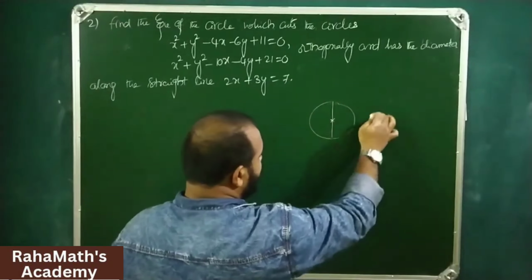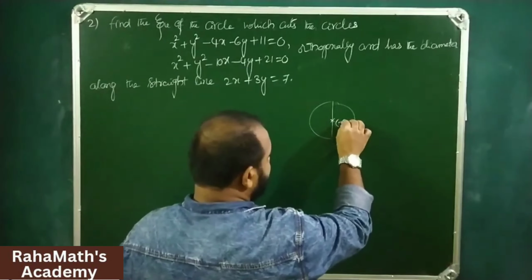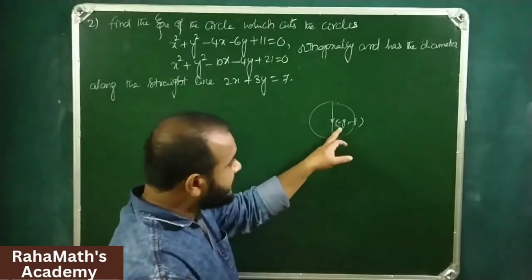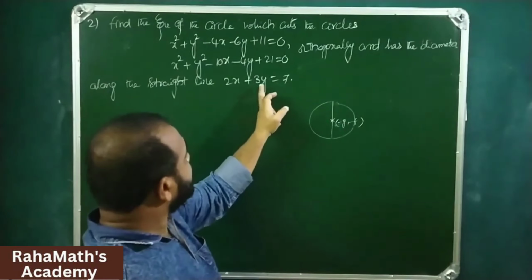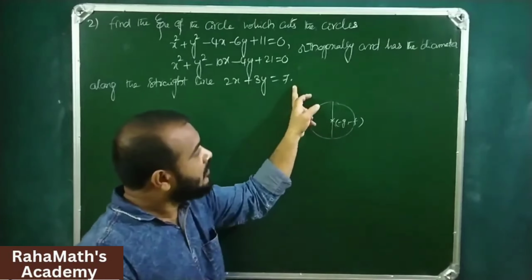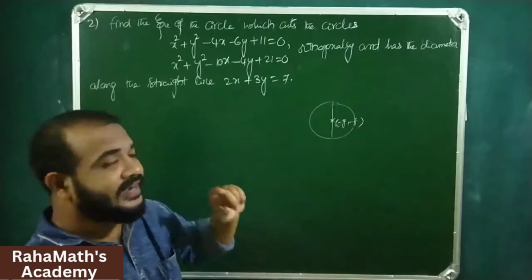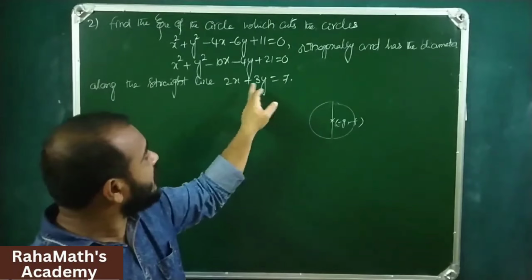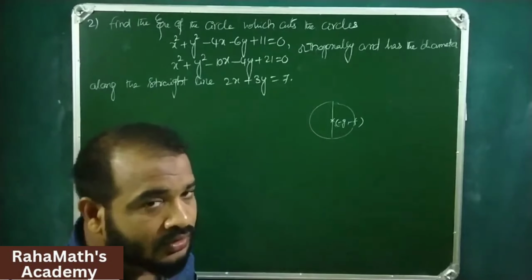So the center, minus g, minus f, should lie on the line 2x plus 3y equals to 7, because the required circle has the diameter along the straight line. The center lies on the line. Okay, so this is what we need to use.